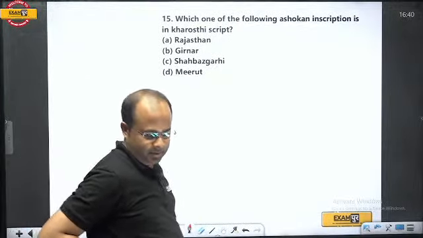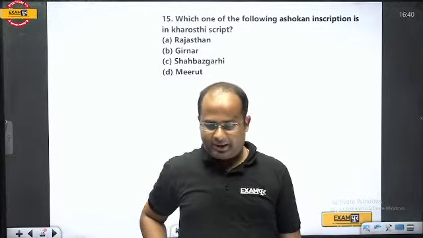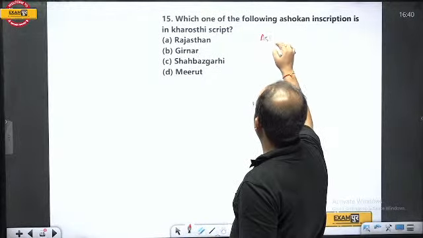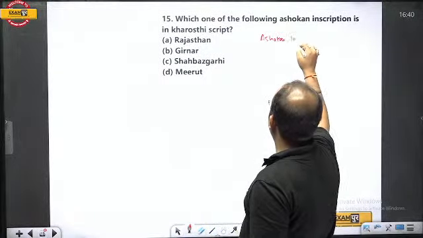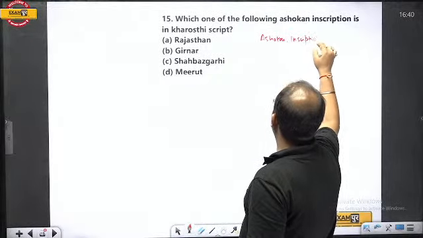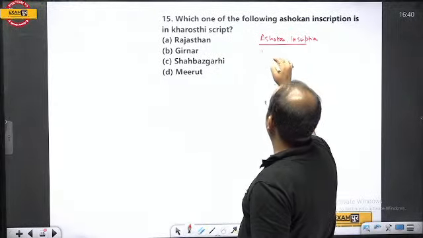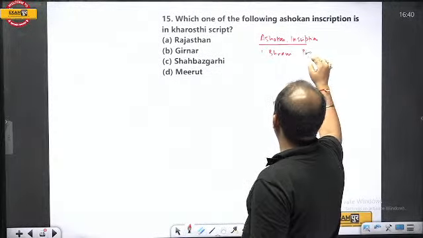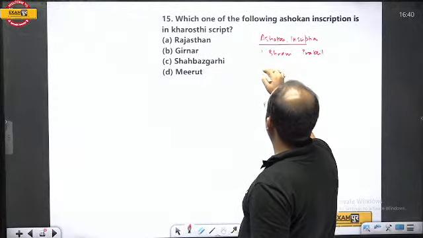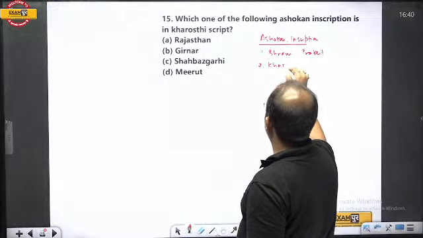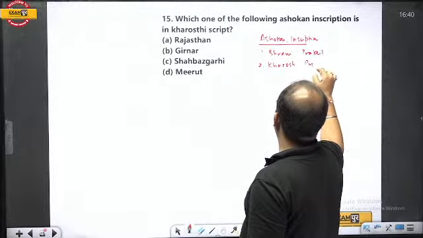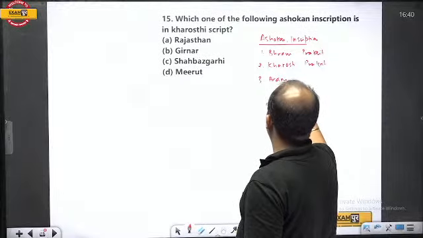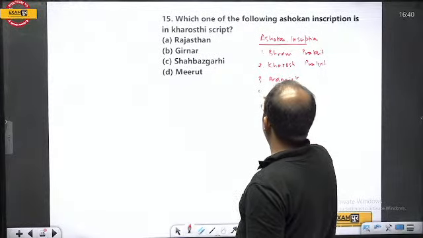Okay, B, C, B. Oh, very good. So, my dear students, the correct answer is C. Ashokan inscription is generally found in Brahmi, Prakrit, Kharoshthi, Aramaic, and Greek.